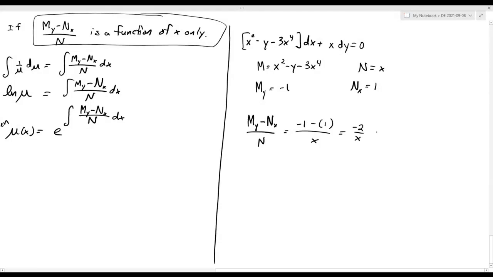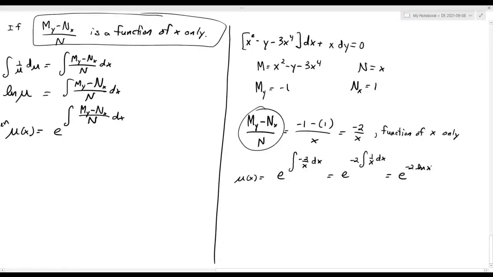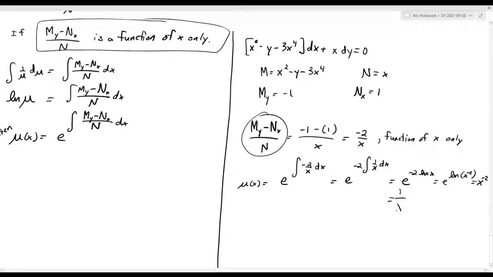Indeed, that's a function of x only, meaning that there exists an integrating factor which is just a function of x, and it's given by e raised to the antiderivative of this expression. I want to assume x is positive here. So the integrating factor is 1 over x squared. So that's how I got the integrating factor, by assuming it's a function of x.